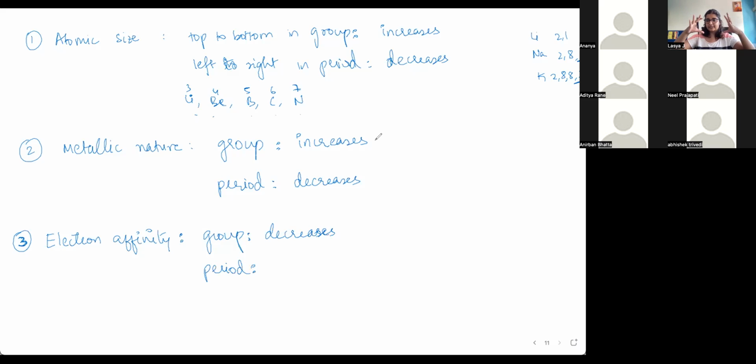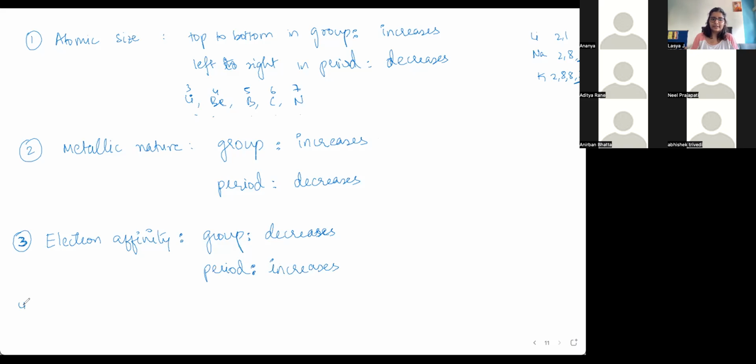As the size increases, the nucleus can't hold on to the electrons as easily. So electron affinity decreases top to bottom. What will happen in a period left to right? Increases. Electron affinity increases left to right in the period.